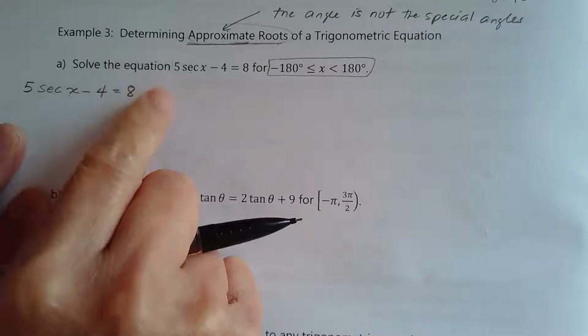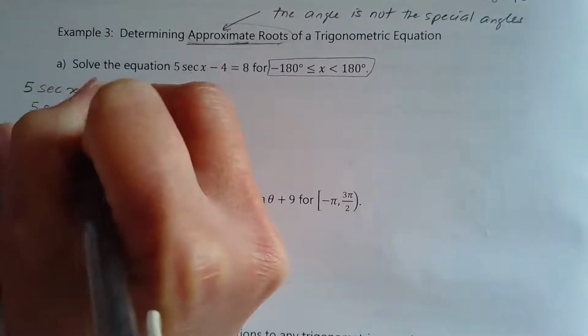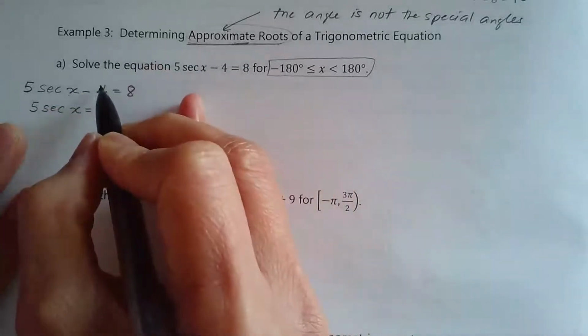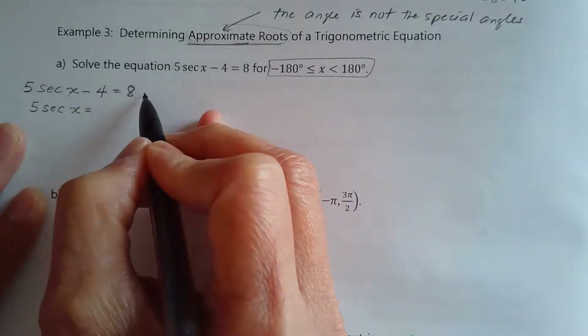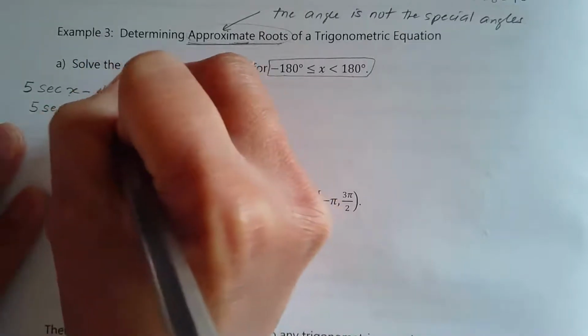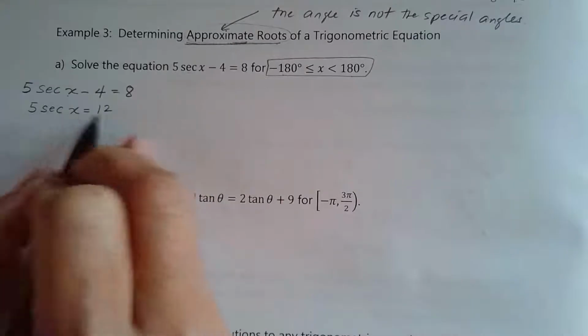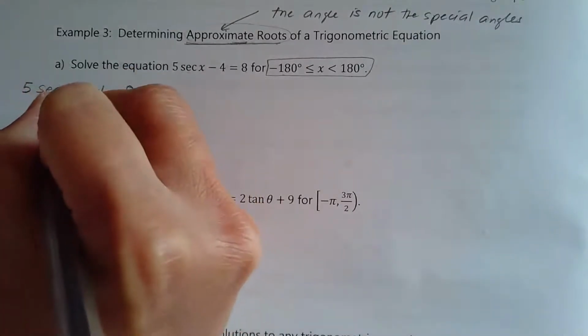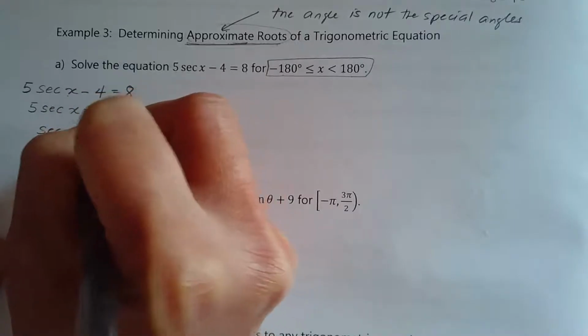I'm going to bring this over there. So 5 secant x equals, I'll skip a step, positive 4 plus 8, which gives us 12. Okay, that's easy. Then we divide both sides by 5. So secant x equals 12 over 5.